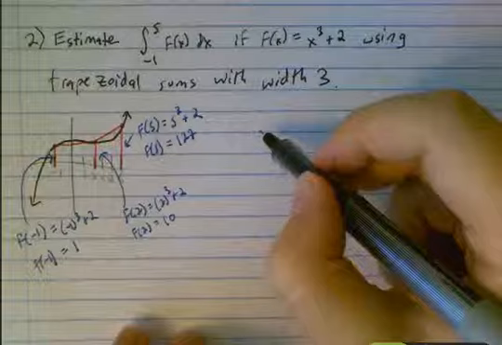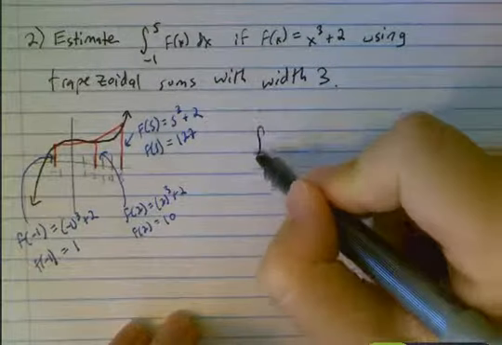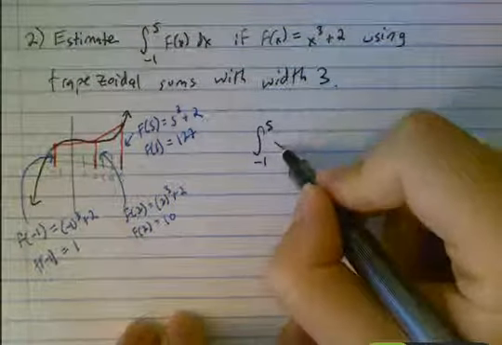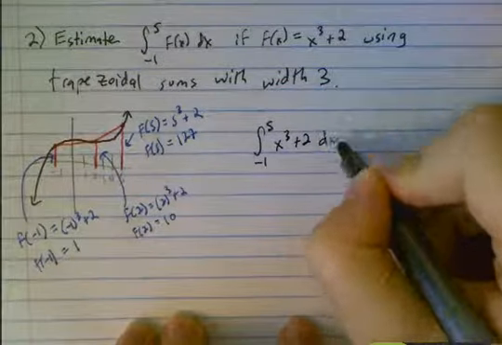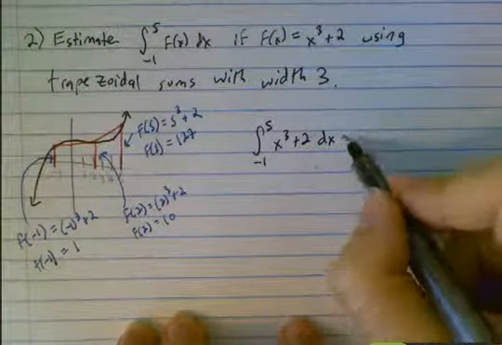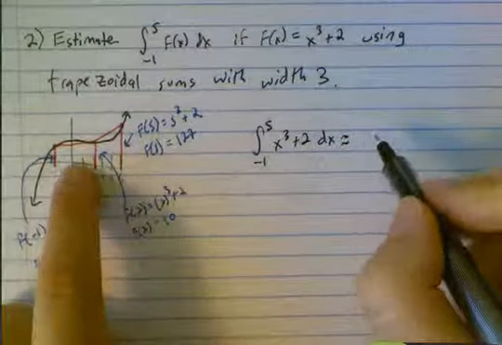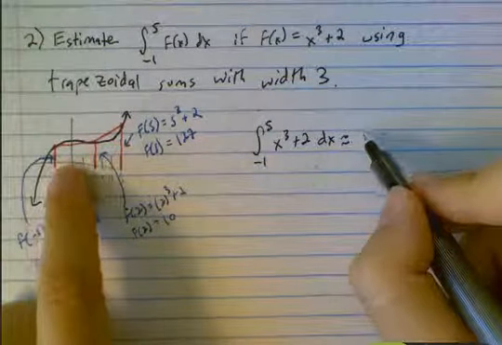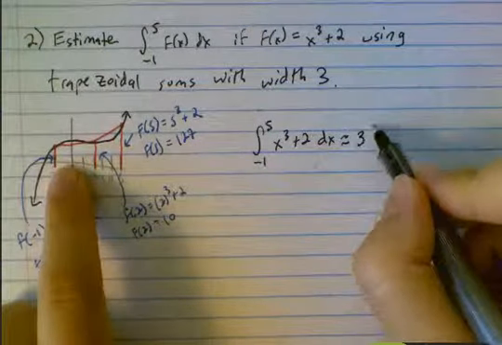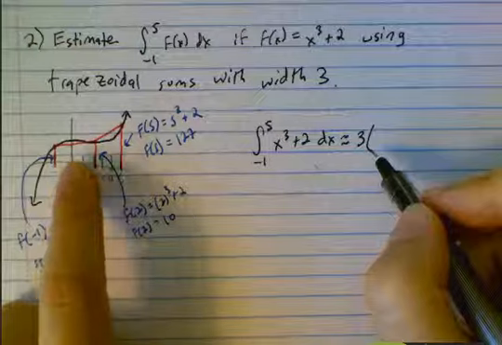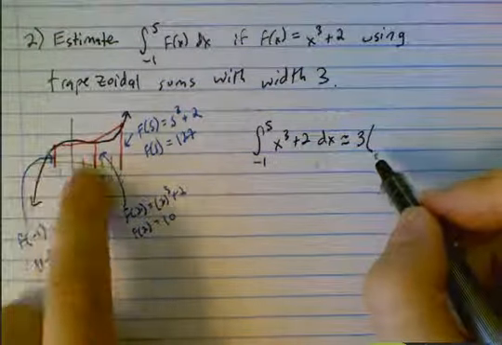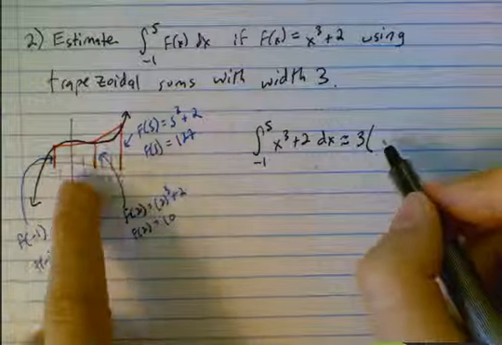Now when we come over here to do our estimate, we're estimating the integral from -1 to 5 of x cubed plus 2 dx. So for our first trapezoid, the height or width, depending on whichever one you call it, that's 3. Then we're going to multiply by the average of the two different heights or bases, whichever one you want to think of it as, but the average of the two red lines.